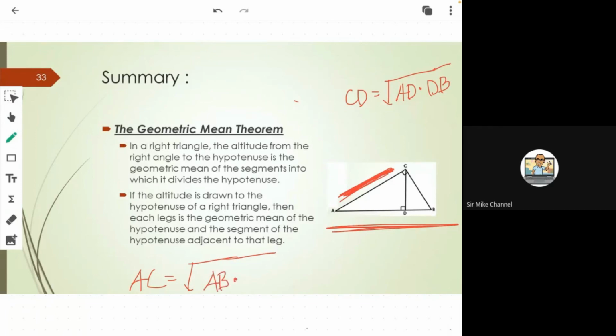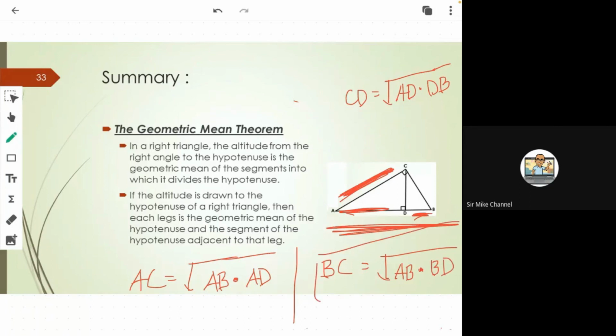Ito yung adjacent natin, itong side na ito. Tapos, yung side naman na BC, square root siya ng yung hypotenuse natin, yung AB, times the adjacent. Ito yung BD. Okay, yun lang po yung pagkuha natin ng geometric mean.